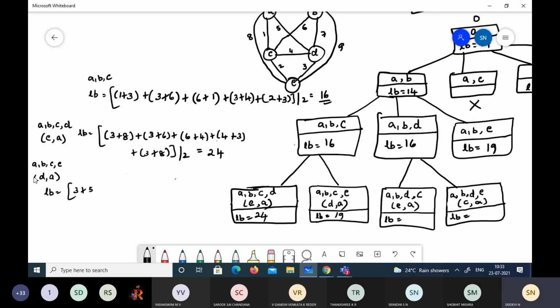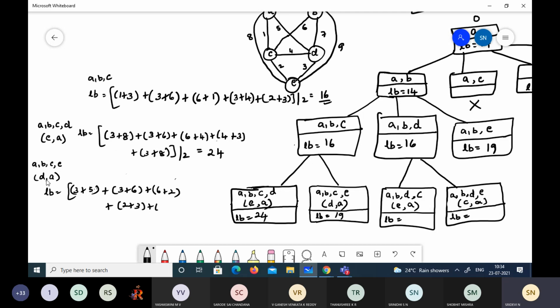Let's calculate. Let's check. Okay, 1 for B. A to B is 3 and this is 5. Okay. Then 1 for A and one more to C, which is 6. From C, 1 to B, that is 6, and one more to E. To E, we have 2. Then from E to C, it is 2, and 1 to D. From E to D, it is 3.